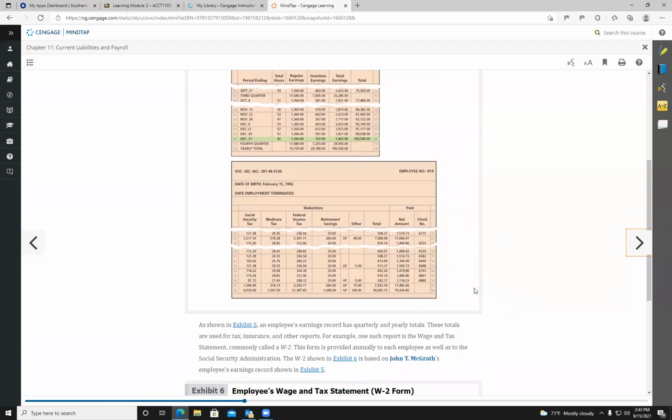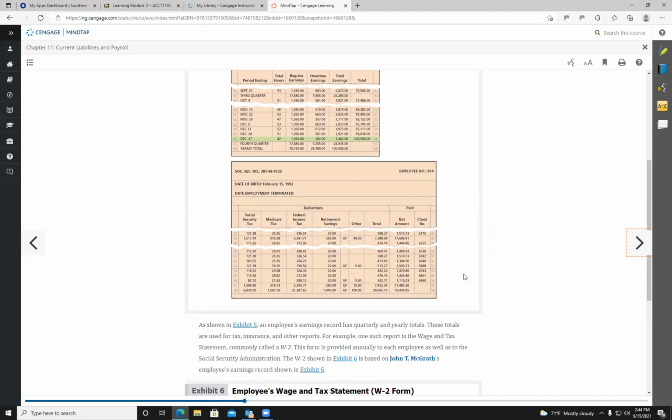So, as shown here in Exhibit 5, an employee's earnings record has quarterly and yearly totals, and these totals are used for tax, insurance, and other reports. So for example, one report is your wage and tax statement, which is also called your W-2. So anyone who's filled out a W-4 knows that every January, usually the end of January, beginning of February, you get a W-2.